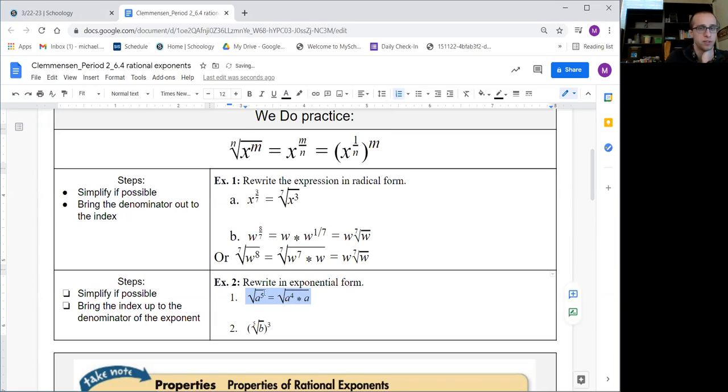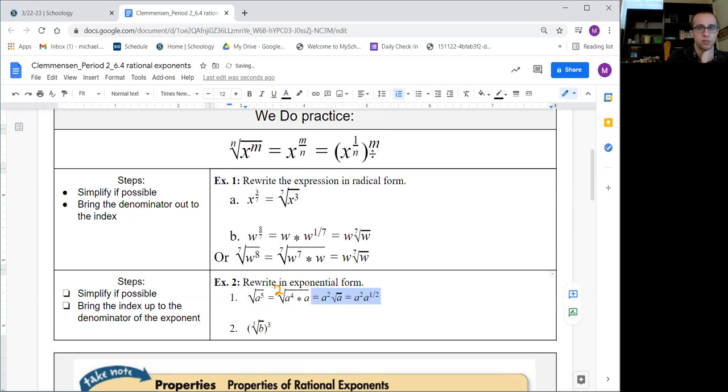Rewrite the a to the 5th as a to the 4th times a, because we have that invisible 2 out front. Which gives me a squared times the square root of a. And I can change that square root of a into a to the 1/2 power.